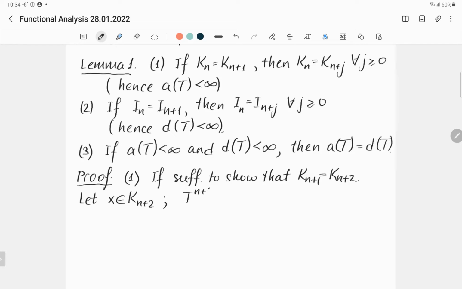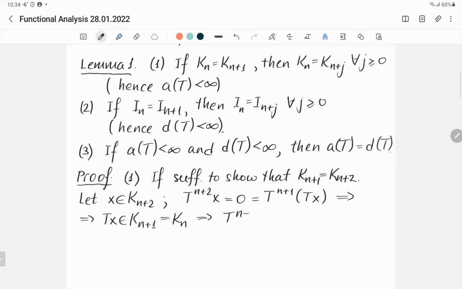T to the n plus 2 of x is 0. T to the n plus 2 of x is T to the n plus 1 applied to T of x. So this implies that T of x sits in Kn plus 1, but by assumption Kn plus 1 is equal to Kn. So we see that T of x sits in the kernel of T to the power n.